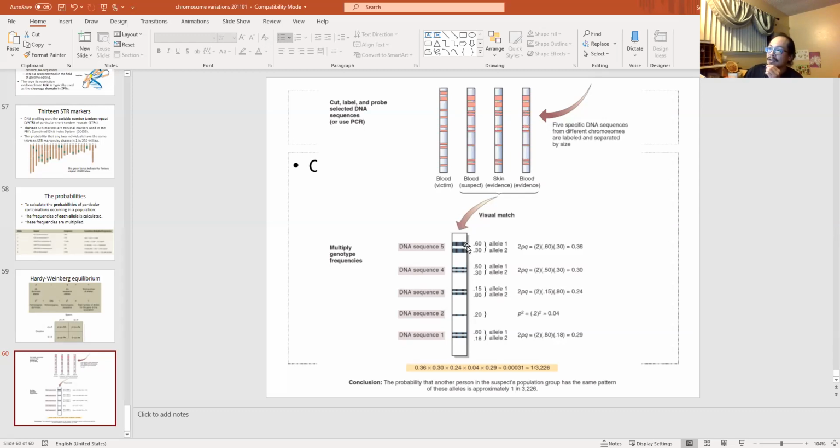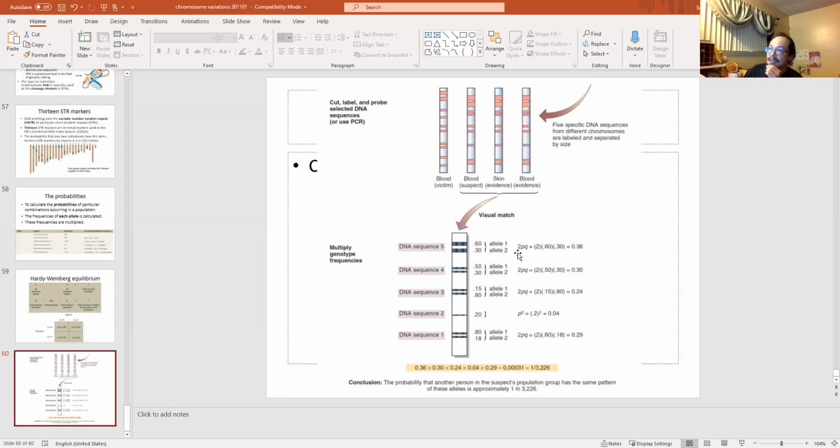For example, this allele is heterozygous, so one has a frequency of 0.6 and the other has a frequency of 0.3. And so the overall frequency is P and Q.